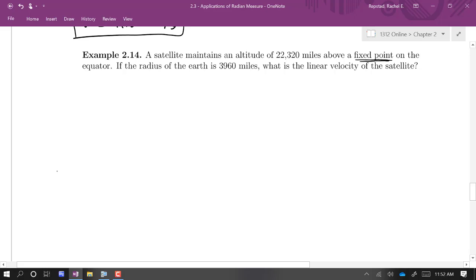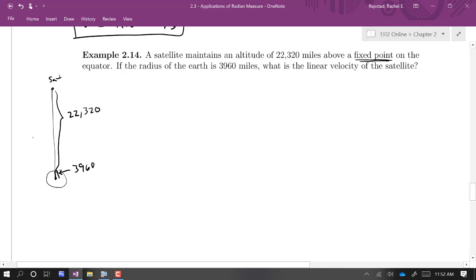So, if I imagine this to be the Earth, there's the center of the Earth, and here's the satellite, right? So this is the radius of the Earth, 3,960, and here is how far it is from the surface of the Earth, 22,320 miles.